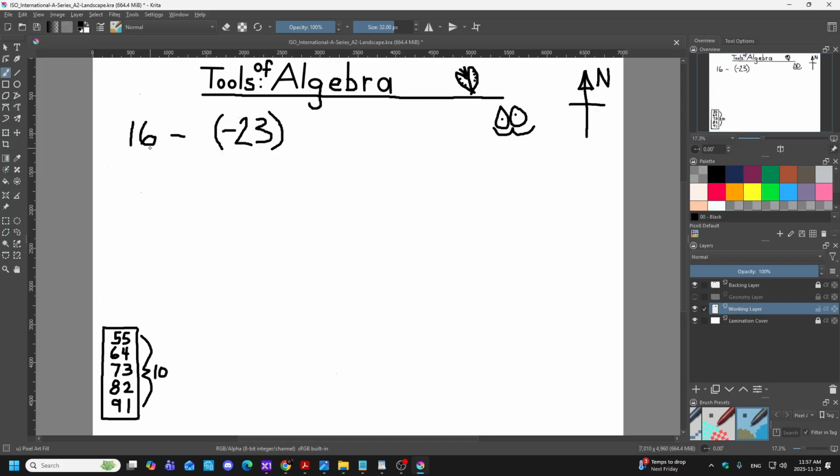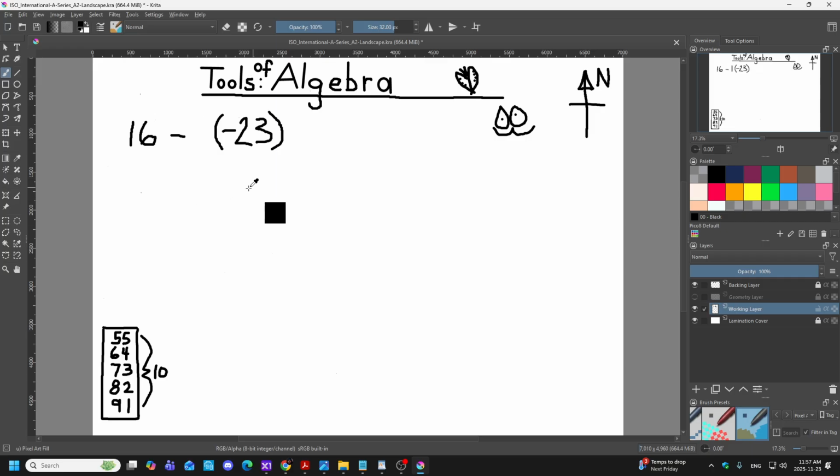So what we have here is 16, subtract, and then there's kind of like this empty void space, which is like an unknown. Most people aren't aware of it, but there's actually a value there. That value is called imaginary 1.